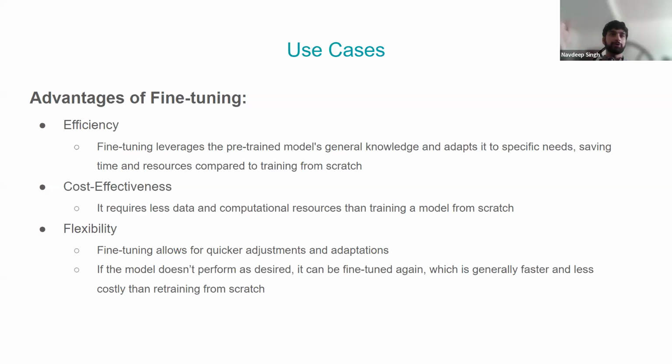If anything goes wrong with fine-tuning and you don't like the way your outputs look, that's probably a day or two of fine-tuning. You can stop, start again, create a new data set and go. If you're training from scratch, you're probably waiting maybe a week for training to finish to actually generate something. If it doesn't look good, you have to curate so much more data and then start again, right? So it's a lot quicker. And for all the tasks that I've heard of in the lab, at least, fine-tuning should be able to solve most of them.